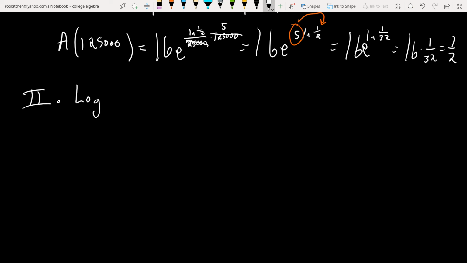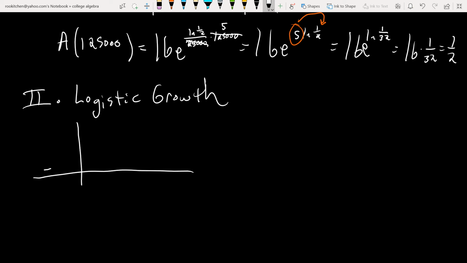So what they come up with are these other models. And the first model that you're usually given is called the logistic growth model. And the thing about the logistic growth model is that instead of just zooming up, it's going to kind of curve over and level off.